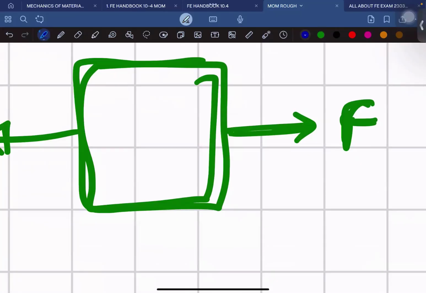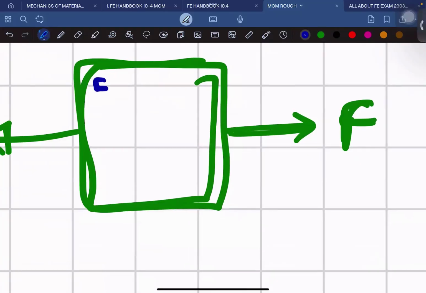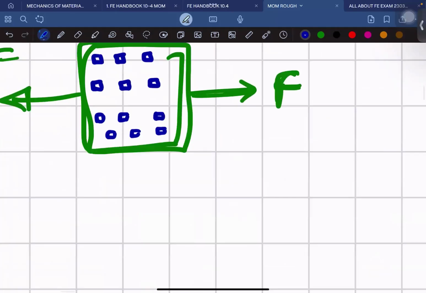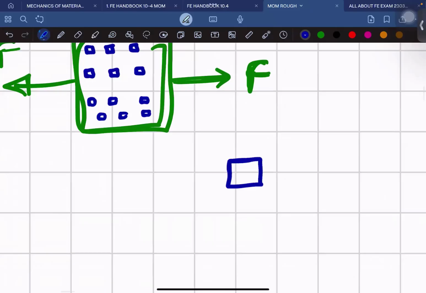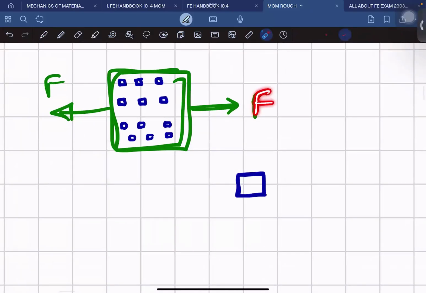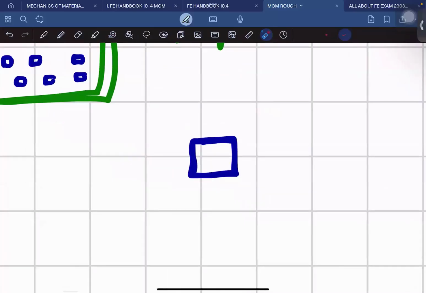Why? Because the material is made of many small elements, and especially in mechanics of materials, we take every small element as a cube. So we call this a stress element. On this stress element, even though the external force is only the axial force or just the normal force, I'll tell you the difference between axial and normal later.